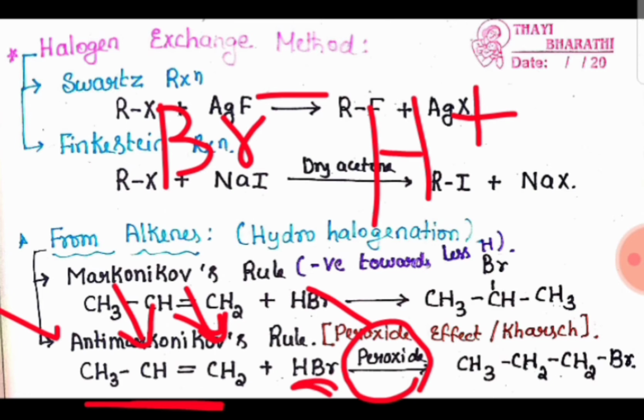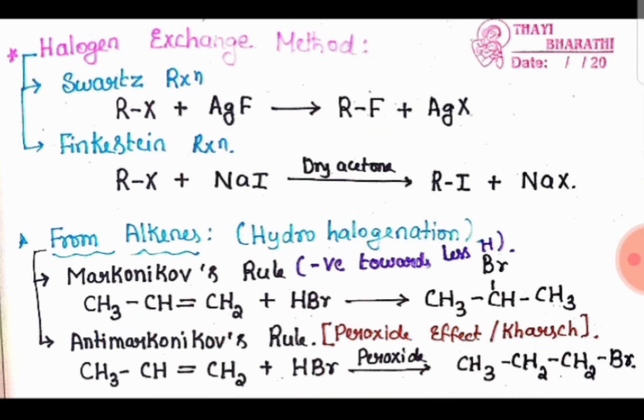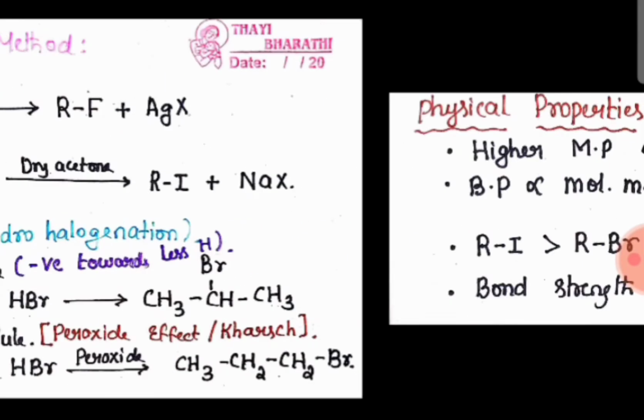In that case we will get a primary alkyl halide, that is 1-bromopropane. So in this way we can prepare haloalkanes from alkenes by hydrohalogenation.